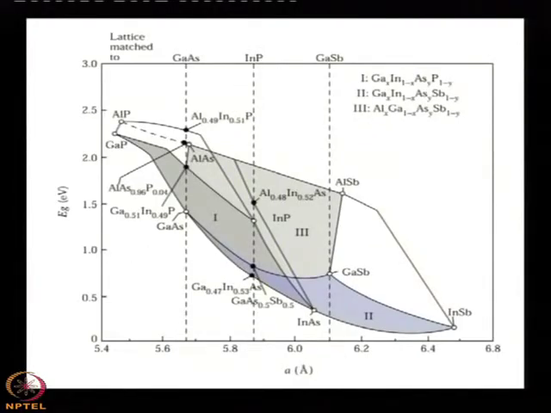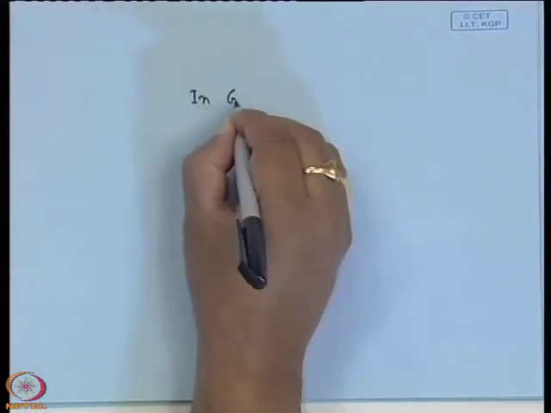Okay. So, now if you see those structures, this is the constraint of the lattice mismatch. Here in the x axis I have shown you the lattice constant, and in the y axis the band gap. It is a plot. Now, take one example, growth of indium gallium arsenide.